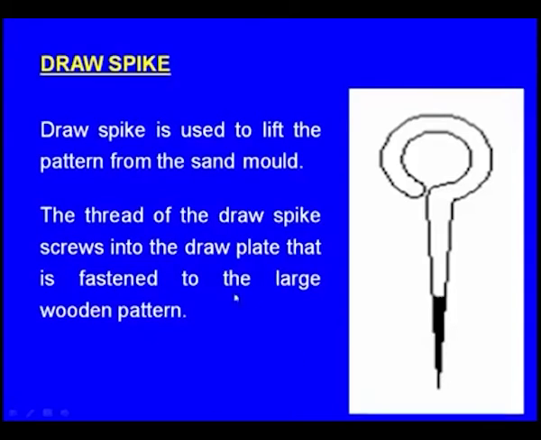The thread of this draw spike is screwed into the draw plate that is fastened to the wooden pattern. Then you pull the draw spike, and the pattern will come out. Or prior to that you have to rap the pattern on both sides so that the mold cavity enlarges slightly and a small clearance is created between the mold and the pattern. Then using the draw spike we remove the pattern.